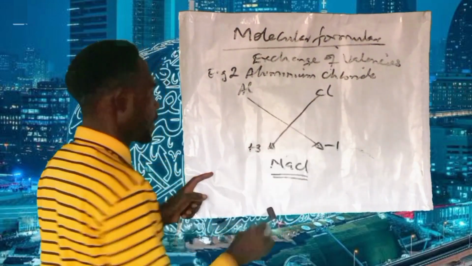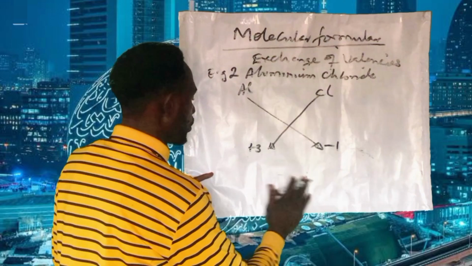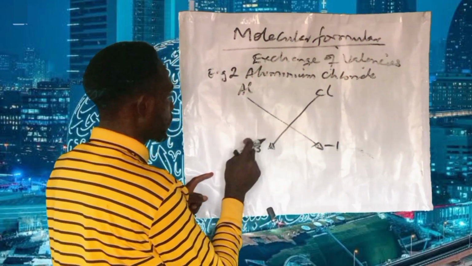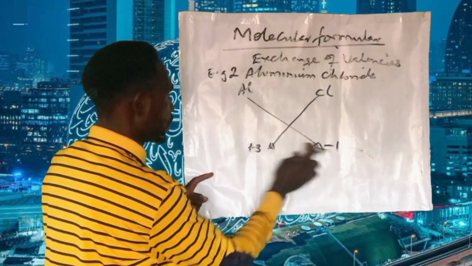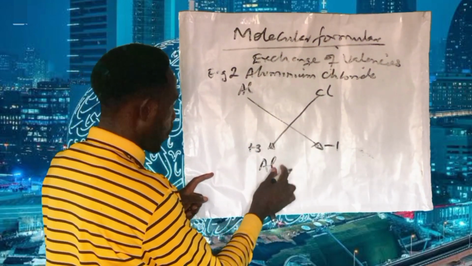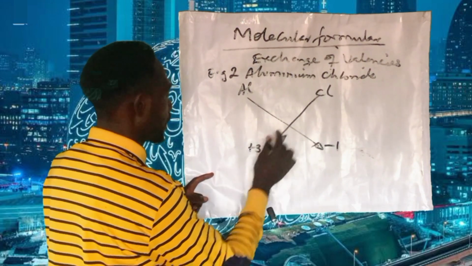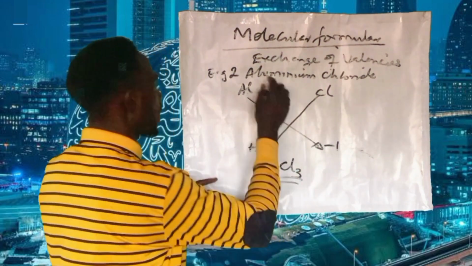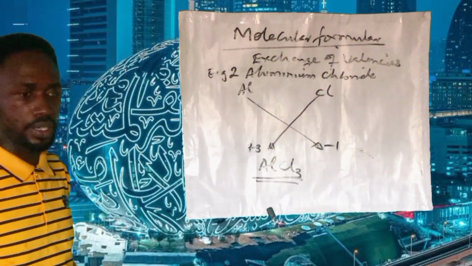This remains minus 1. So what am I going to do? I will take that of chlorine to aluminum and take that of aluminum to chlorine without their charges. Please neglect the charges. So let's go. That means Al is 1, and if it is 1, you shouldn't write it. Cl will take 3, becomes Cl3. So this is the formula for aluminum chloride.